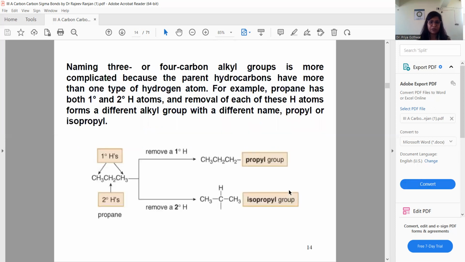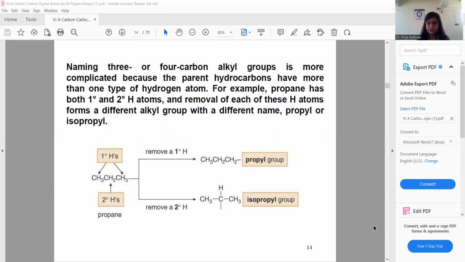The naming of 3 or 4 carbon alkyl groups is more complicated because the parent hydrocarbons have more than one type of hydrogen atom. For example, propane has both 1 degree and 2 degree hydrogen atoms, and removal of each of these forms a different alkyl group with a different name, propyl or isopropyl.